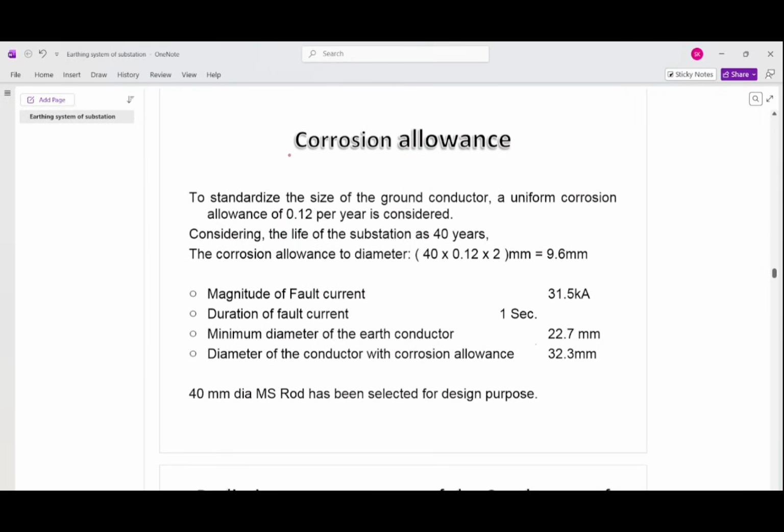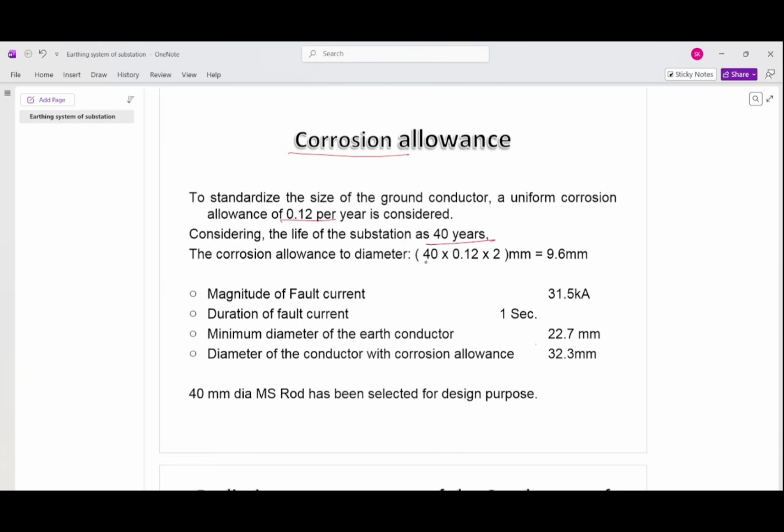Now the second point is corrosion allowance. To standardize the size of the ground conductor, a uniform corrosion allowance of 0.12 per year, or 0.1% per year, is considered, considering the life of the substation as 40 years.